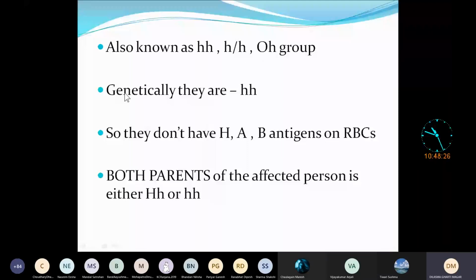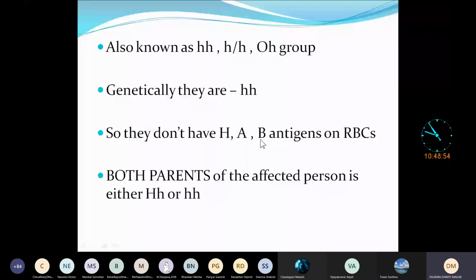I already told you, genetically they will have this hh, so it will not produce any antigen. So these people don't have the H antigen, A antigen, or B antigen on the RBC. I told you these antigens are situated on the surface of the RBC, and the antibodies are in the plasma or the serum.